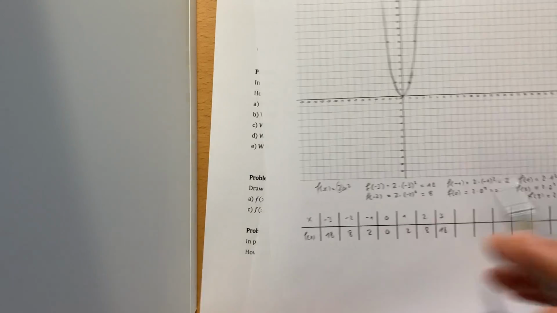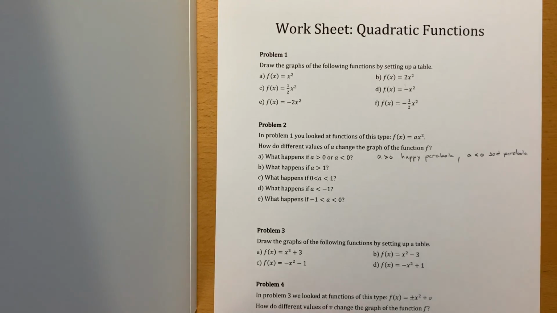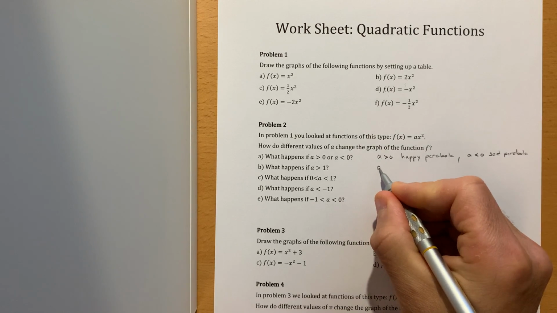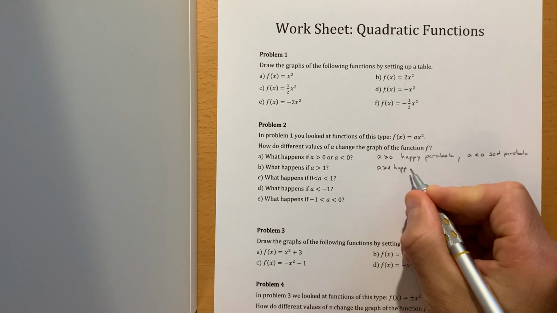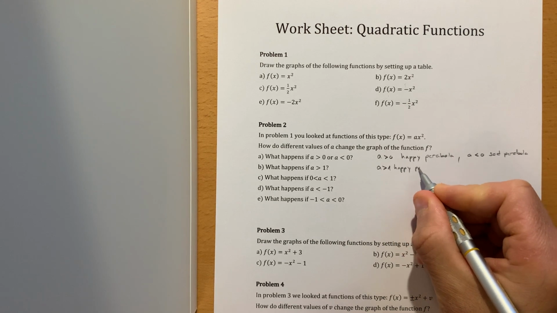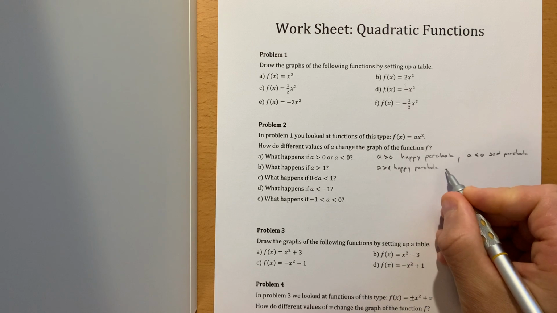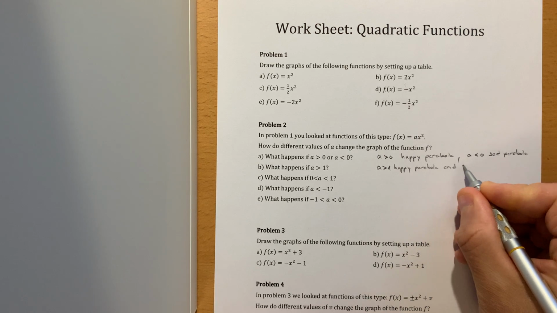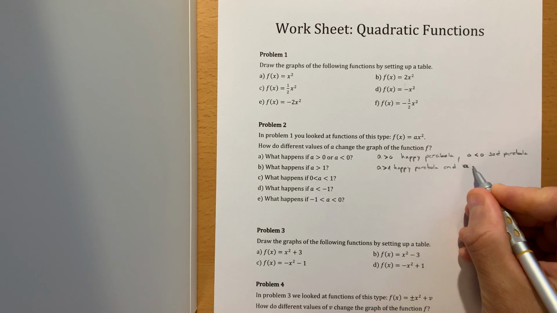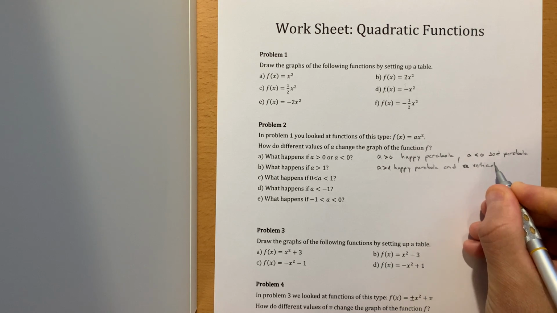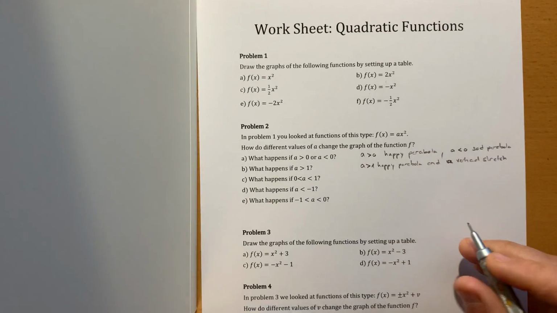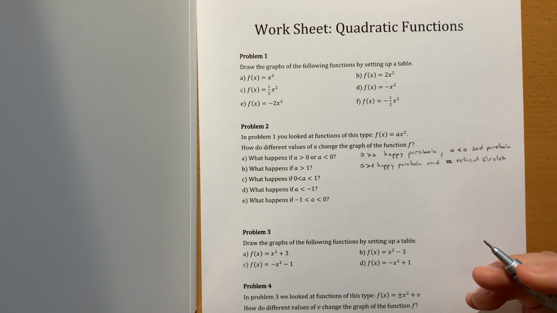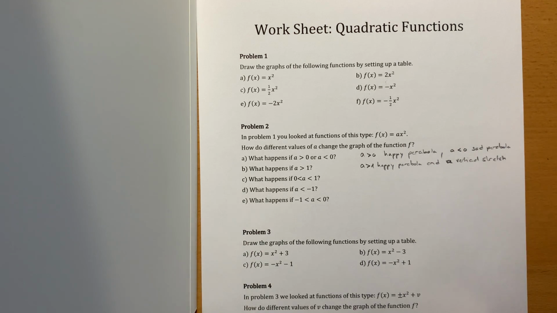So you multiply everything by 2. So a greater than 1, happy parabola, and a vertical stretch. You don't have to learn this by heart because it's just obvious.